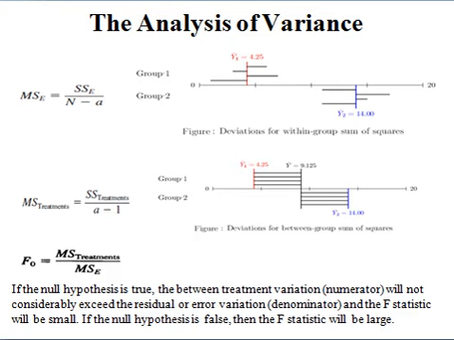If the null hypothesis is false, then the f statistic value will be large, and a large f value means that this MS treatments is large. This means that the variation between treatments is large.